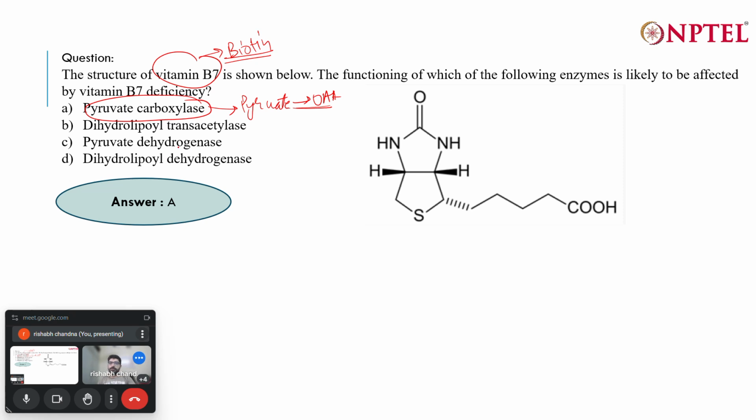So the deficiency of biotin will directly affect pyruvate carboxylase. The other enzymes are basically involved with pyruvate decarboxylase. So let's move on to the next question.